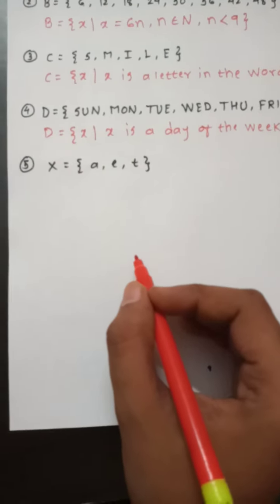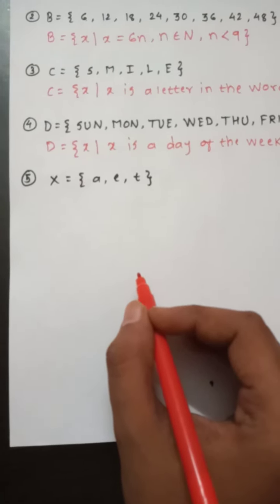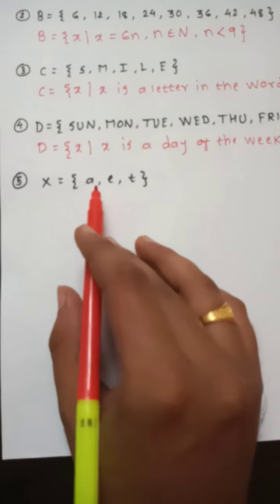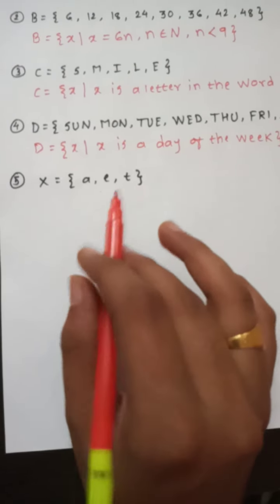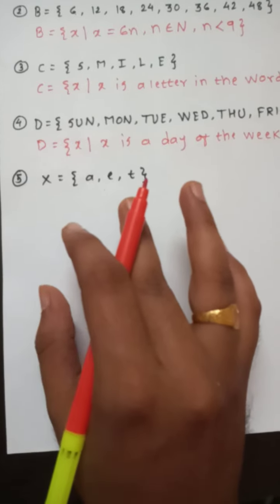And the last one, capital X is equal to A, E, T. Now these are the letters in the word TEA and also from the word EAT.